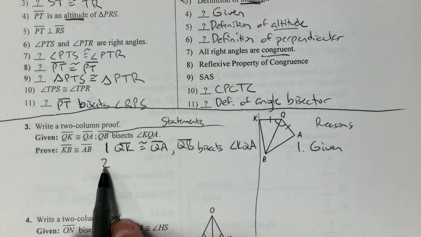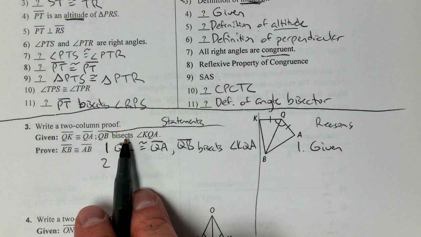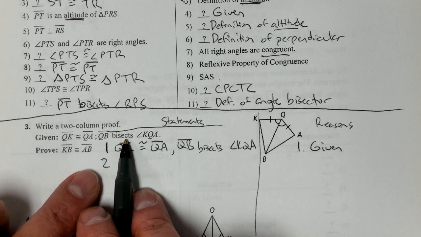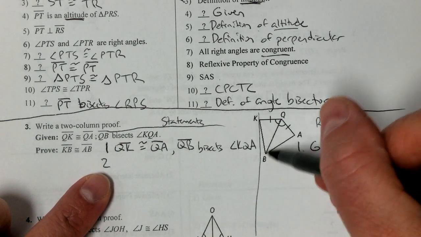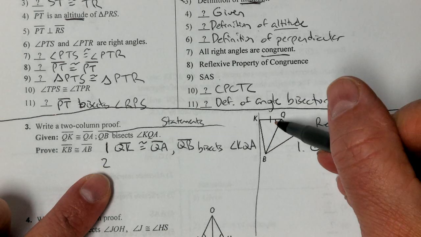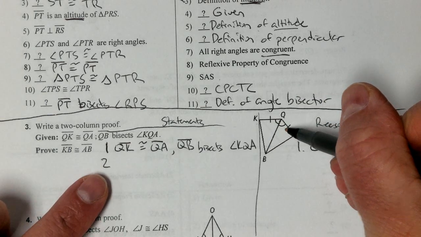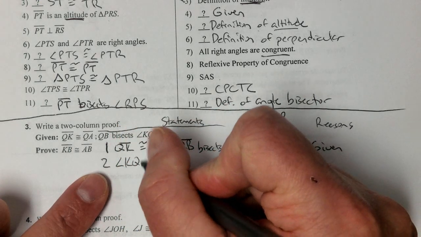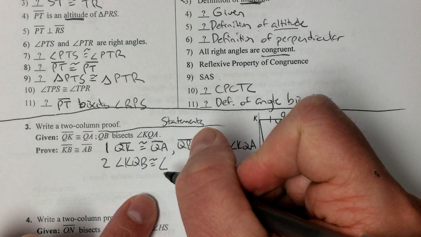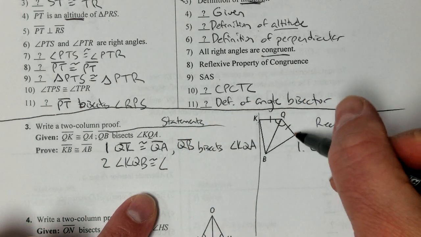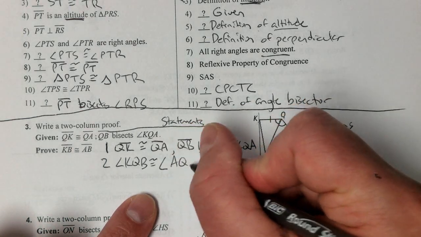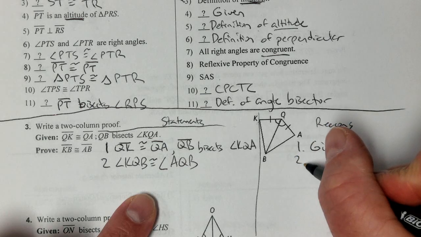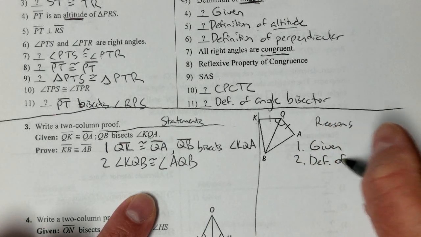The next one, based on the definition of angle bisector, if QB bisects KQA, then this angle is equal to this one. So KQB congruent to AQB. This would be definition of angle bisector.